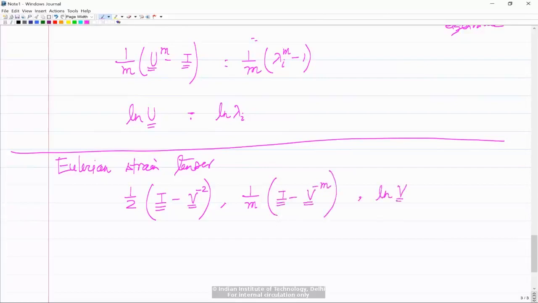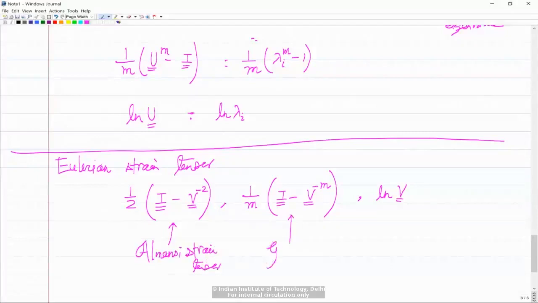Each of them has a similar name. Of course this is not the Green-Lagrange strain tensor. It is called the Almansi strain tensor. Just some names, but it is good to get used to them.